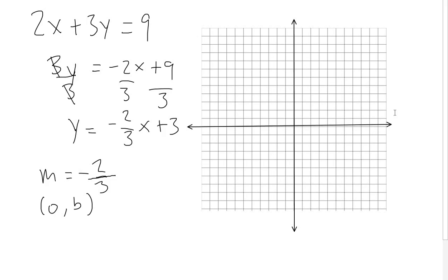Well, let's just leave it right there. Then, okay, let's work with this. My y-intercept is the point 0, b. Well, in this case, b is actually 3, right? So I can start at the point 0, comma 3 on the y-axis again.